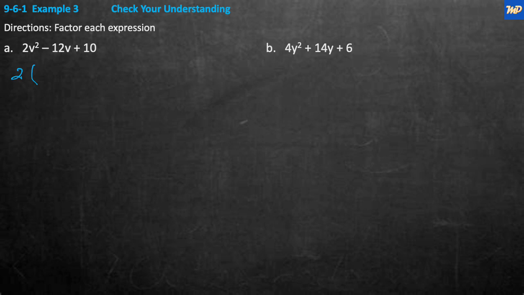Well, first I'm going to write the problem again. So it's going to be v squared minus 6v plus 5. There's our new term that we're going to be working on here, okay? So now we're going to put the parentheses down like I've been doing in the past.